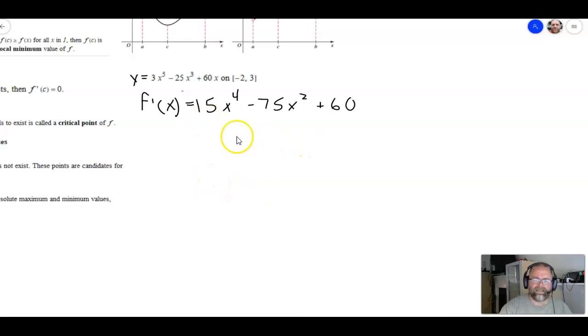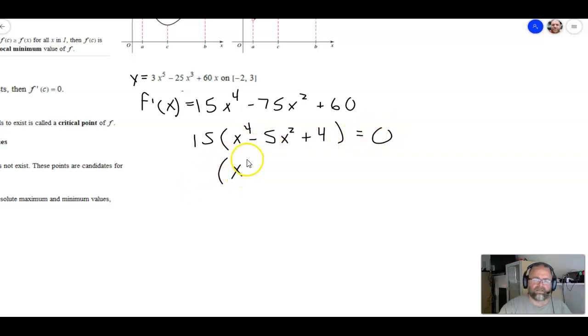Now we're going to set that equal to 0, and I can factor a 15 out of there. So 15, I'm going to have x to the 4th minus 5x squared plus 4, and this is equal to 0. So we can factor this part here.